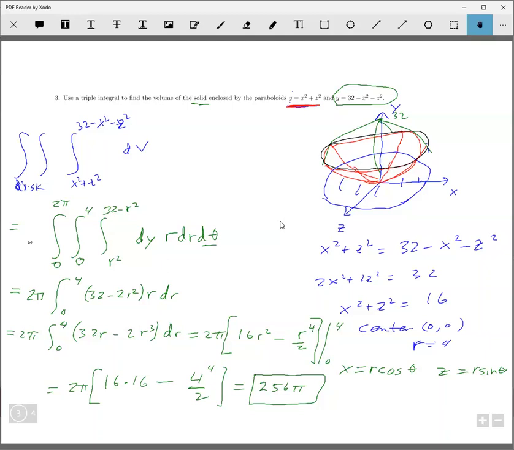The idea is that in triple integrals, the main ones are rectangular coordinates, cylindrical coordinates, and spherical coordinates, but there can be other ways you can do it. Section 15.9 explores what you need to do for that.